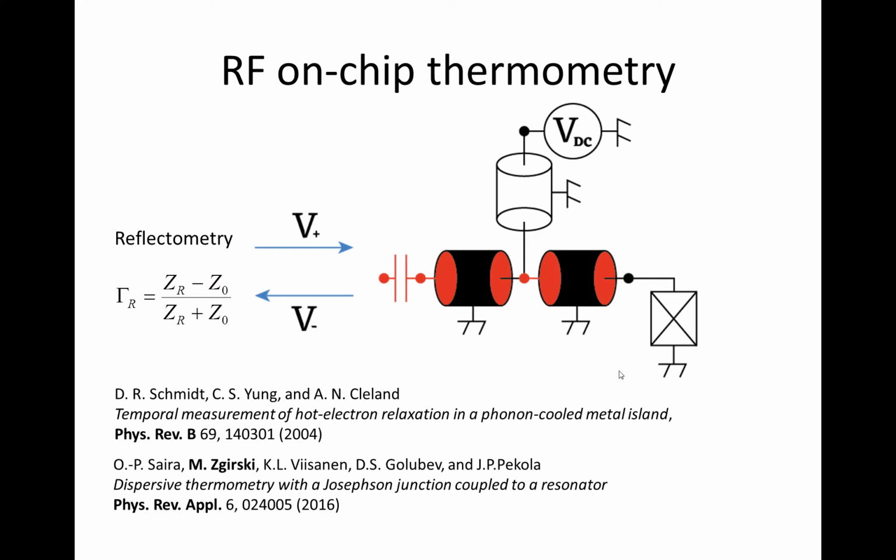So in general, you have some radio frequency compatible system. For example, it can be a superconducting resonator, and you perform a simple reflectometry study. So you send some signal on your thermometer.